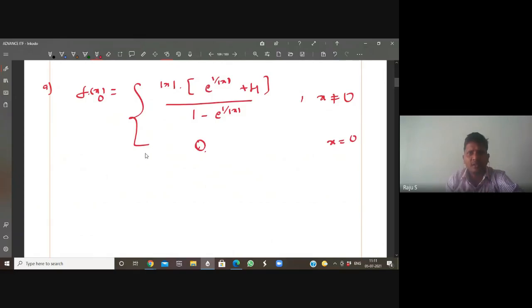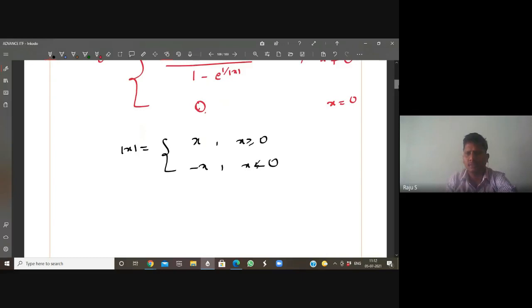Students, before doing that, I do one thing. Modulus x has two cases: plus x, when x is greater than or equal to 0, and minus x, when x is lesser than 0. Am I right? Okay, fine.